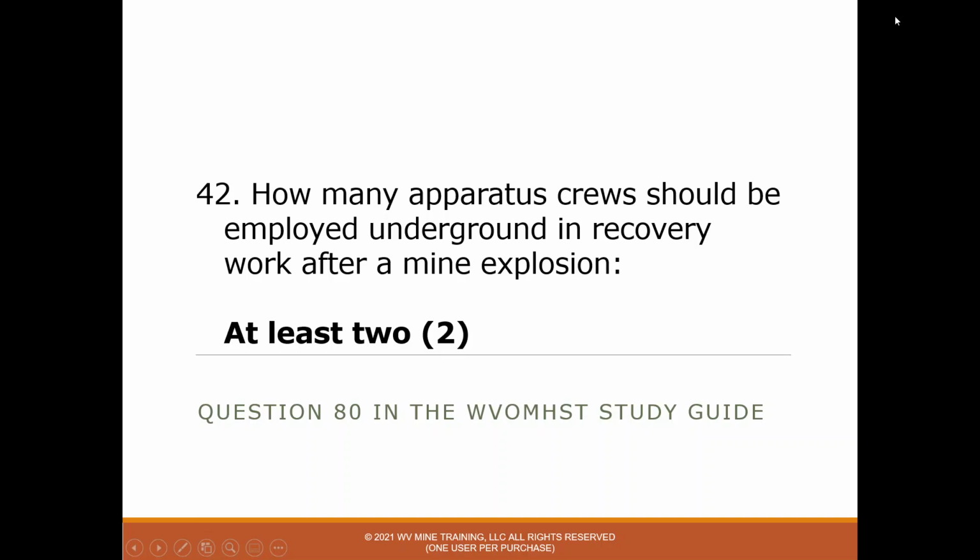Question 42, how many apparatus crews should be employed underground in recovery work after a mine explosion? And the answer to that is at least 2. So this is mine rescue teams. We want at least 2 mine rescue teams at the mine, or in the mine, after an explosion.